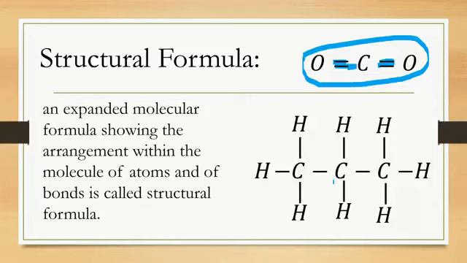On the other hand, in the propane molecule, three carbon atoms are attached to each other by single bonds, and the rest of the bonds of carbon are attached to hydrogen atoms with single bonds.